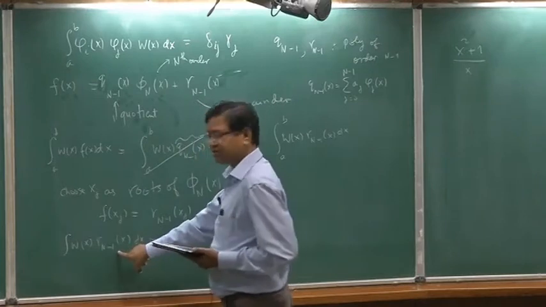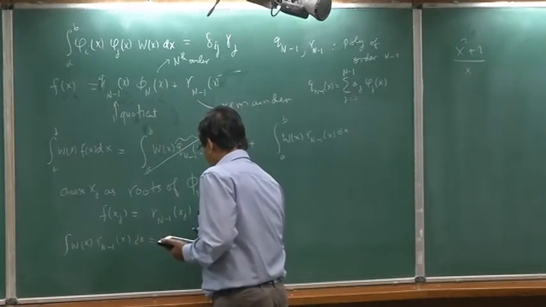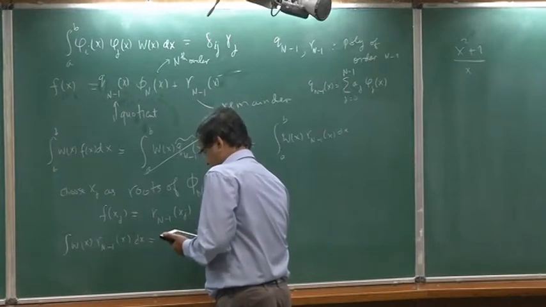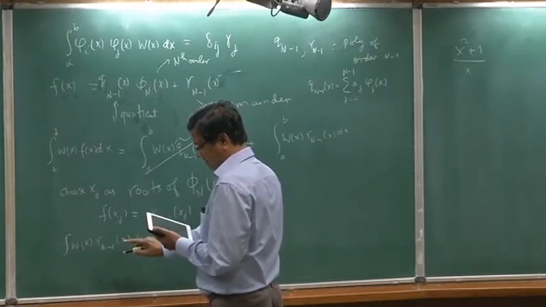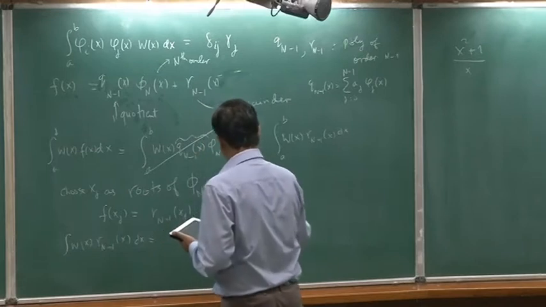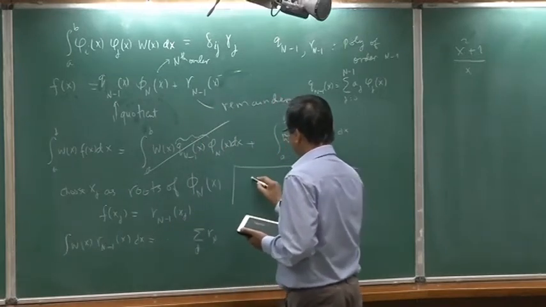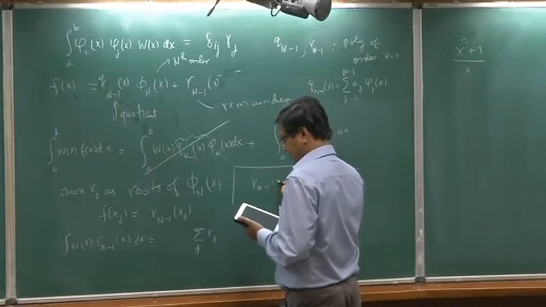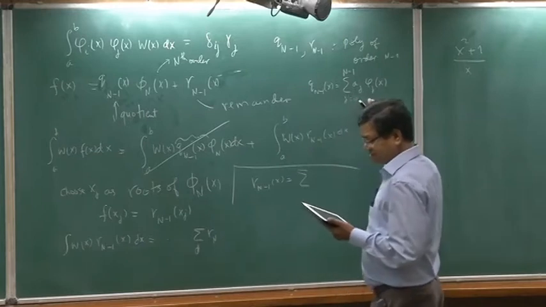Now I am going to expand this one as a polynomial. Before I get here, this part R_{n-1}(x), actually not in terms of phi_j, I am sorry, I made a mistake.